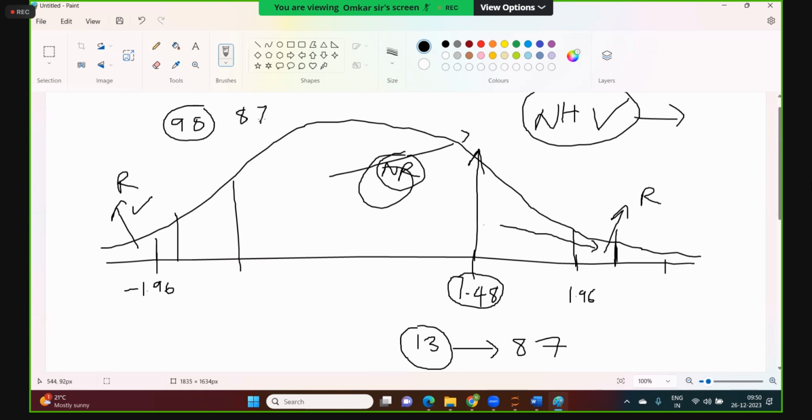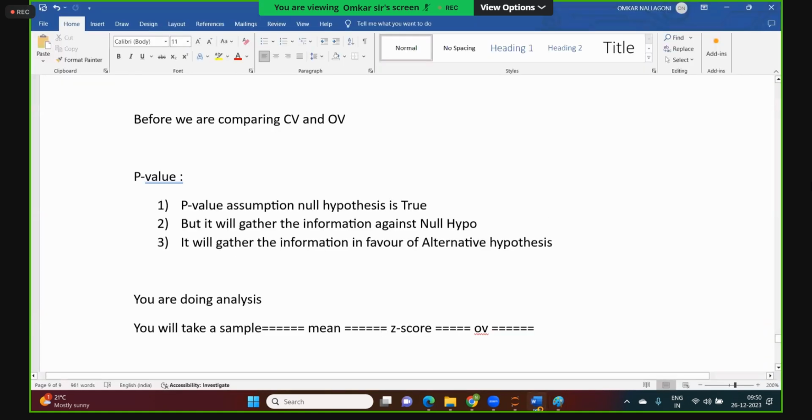The definition is that you have this much percentage of evidence in favor of the alternative hypothesis. So now tell me how much evidence you have now? I have 87% of evidence, in favor of the alternative hypothesis.